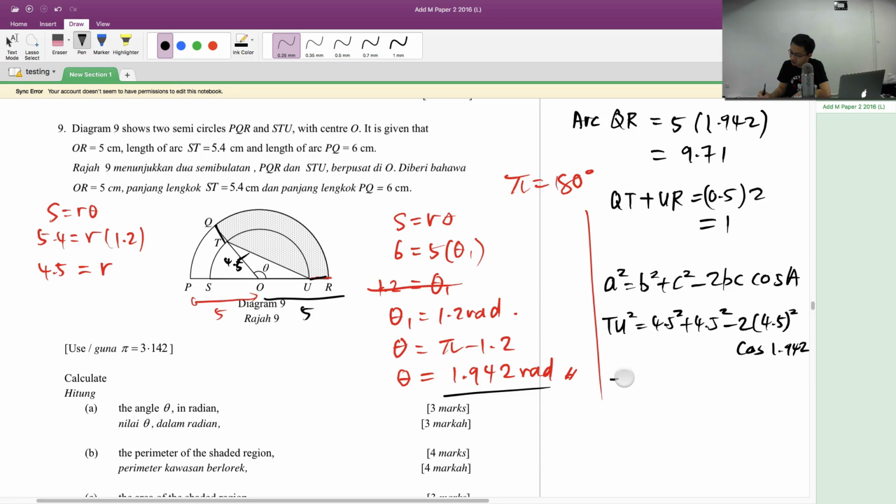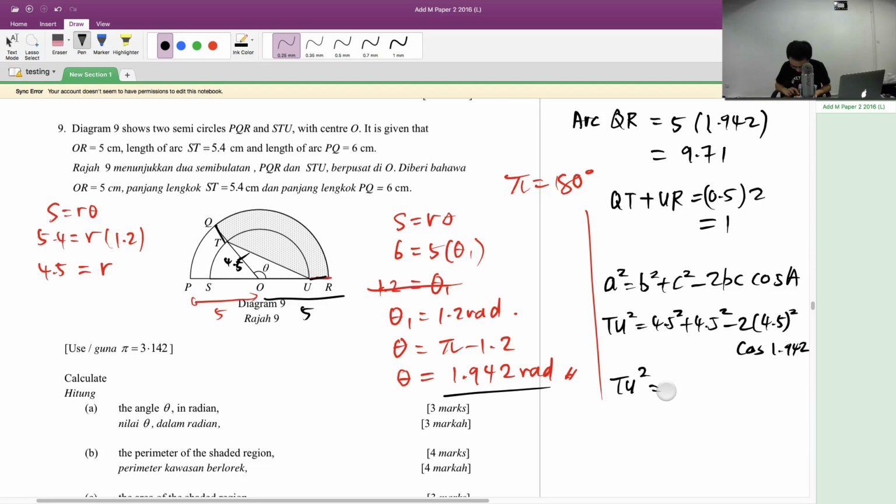When you solve this one, make sure you change your calculator to radian. If not, in degree, you will get a different answer.